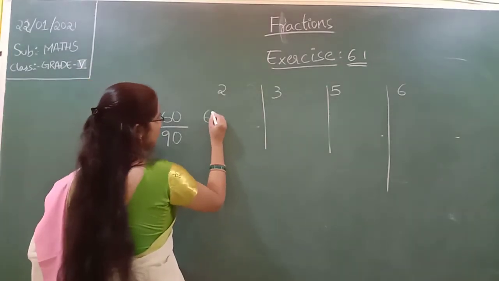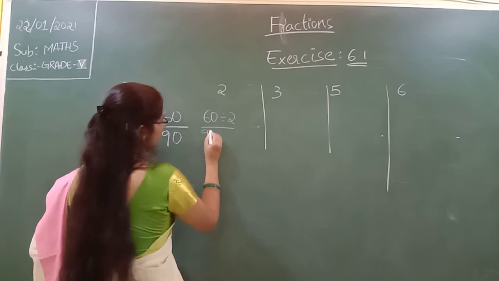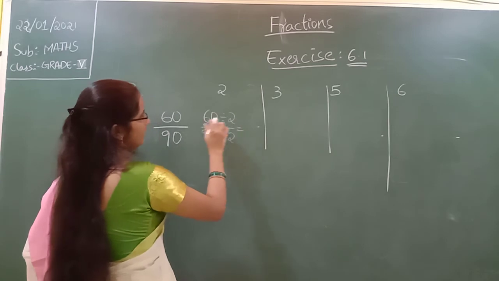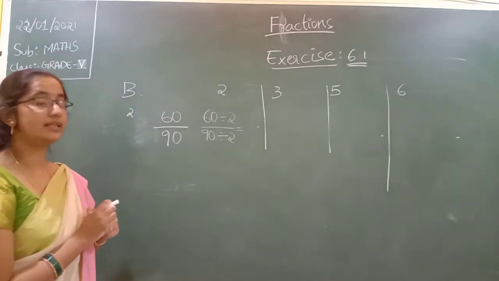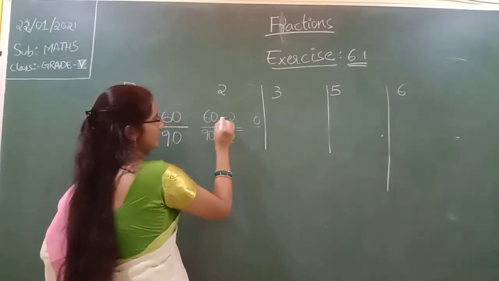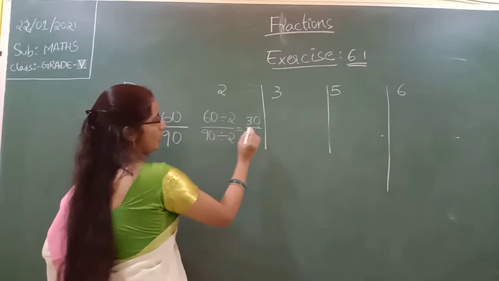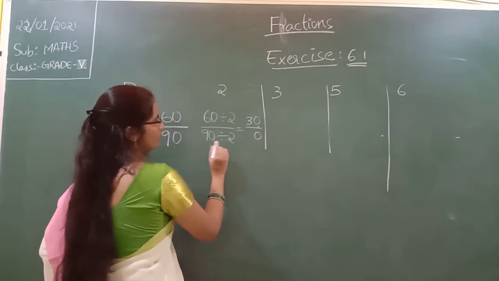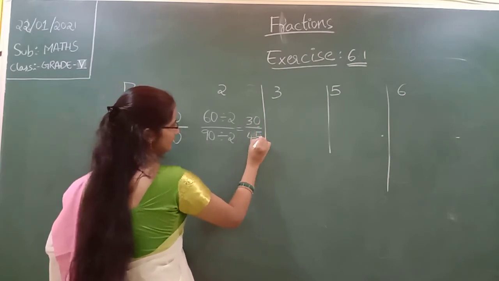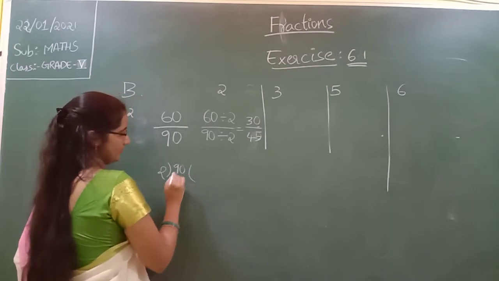So 60 divided by 2 and 90 divided by 2. 60 divided by 2 will be 30. 6 divided by 2 is 3, and 0 as it is. 90 divided by 2 is 45.